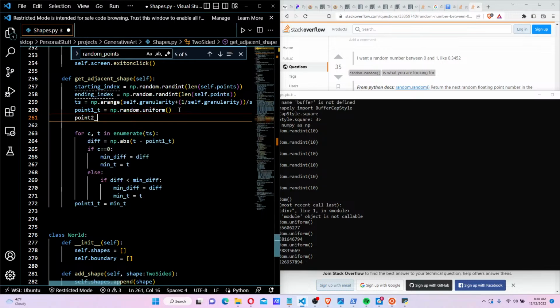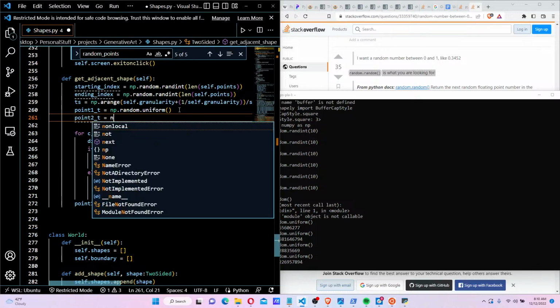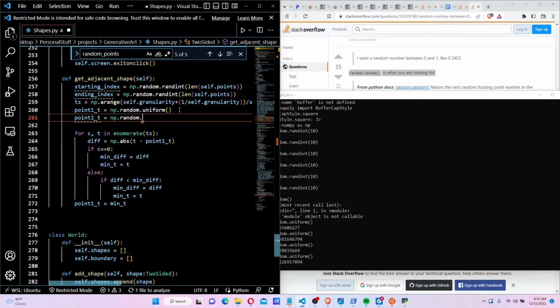Now let's get 0.2t is equal to np.random.uniform. Starting index, ending index.